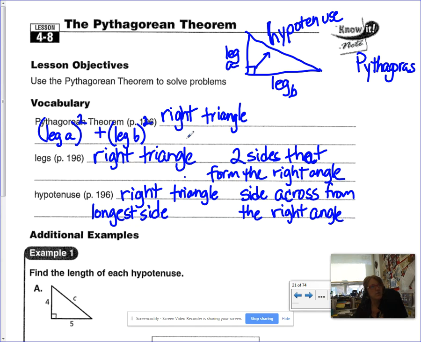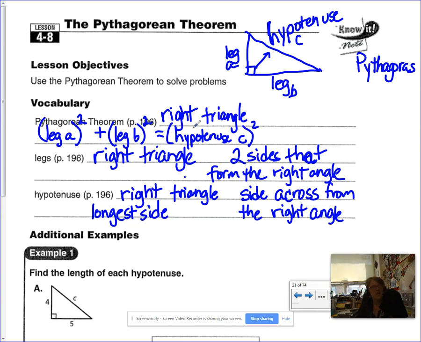When you add these two together, you get this third side, the hypotenuse, which I'm going to call C right now, side C. You get that number, that length squared.